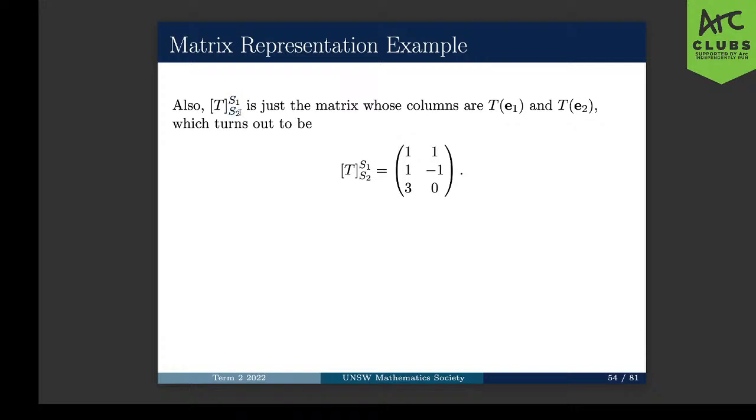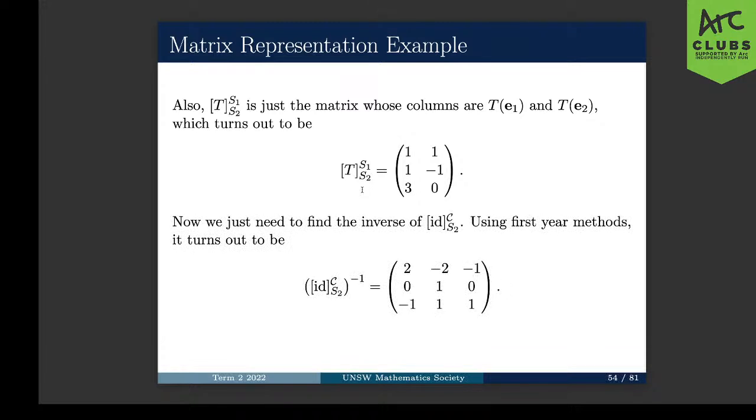But again, S2 is just the standard basis for R3, so the coordinate vector is just the same. So we just find T of E1 and T of E2, and it turns out to be (1,1,3) and (1,-1,0). We just chuck them in as columns, and that's what we get for T, S1, S2.